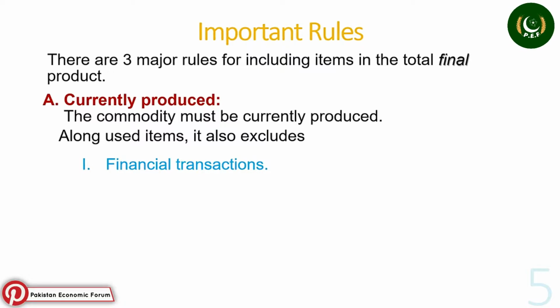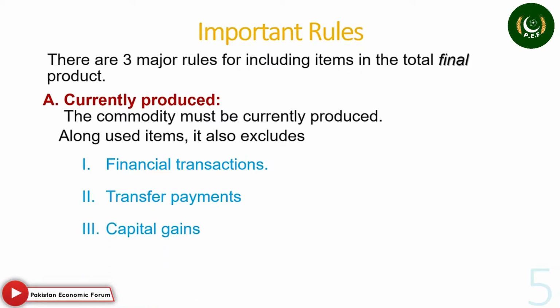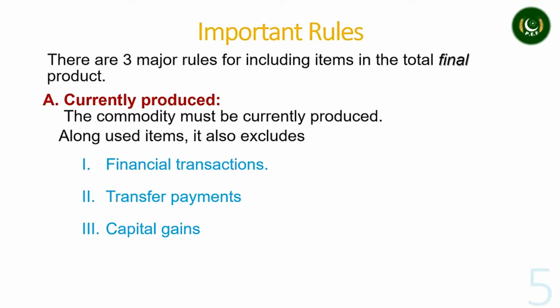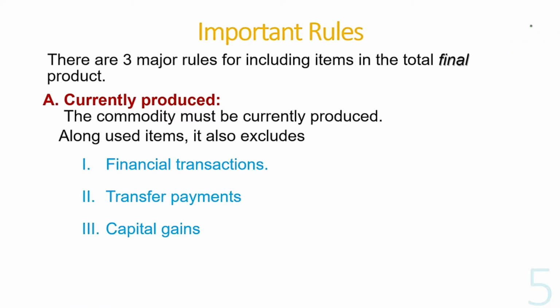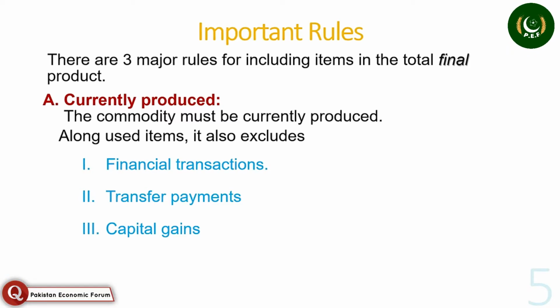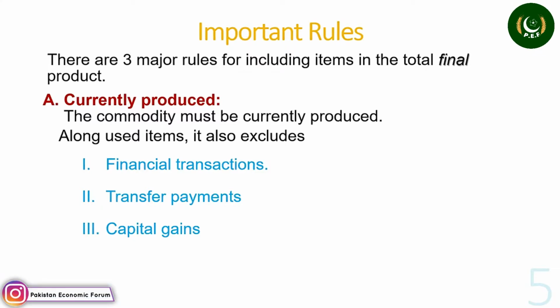Also, any transaction in which money is transferred without any accompanying good or service, that is, transfer payments. Similarly, it also excludes capital gains accruing to a person as the price of their asset changes. We exclude all these because these transactions are not against newly produced goods.